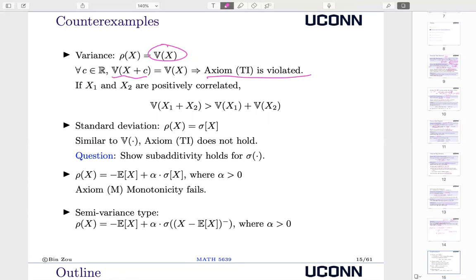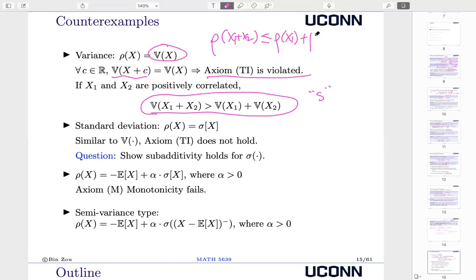In fact, if they are positively correlated, this also violates sub-additivity, because by sub-additivity, we want this to be less than or equal to rho of X1 plus rho of X2. But if two risks are positively correlated, merging them together actually makes a bigger risk in terms of variance. So it also violates sub-additivity. By the way, that's why variance is really not a good risk measure.